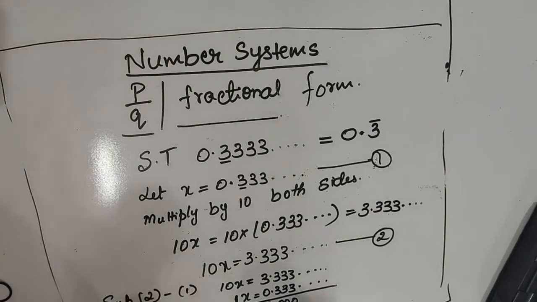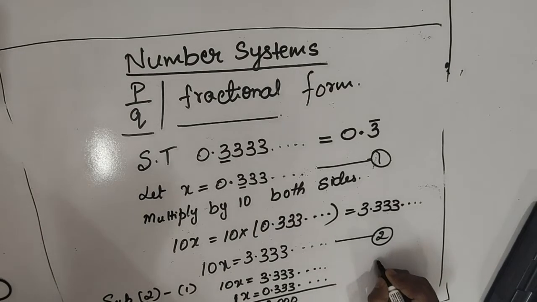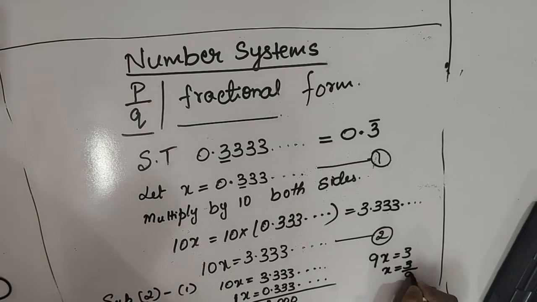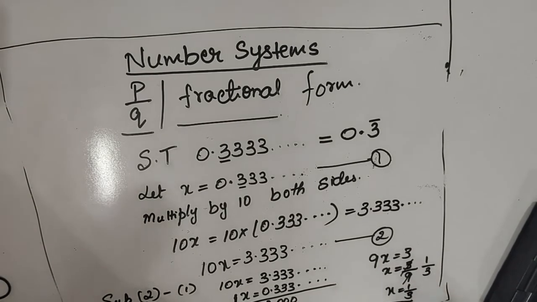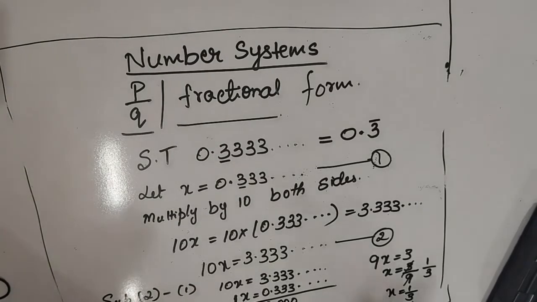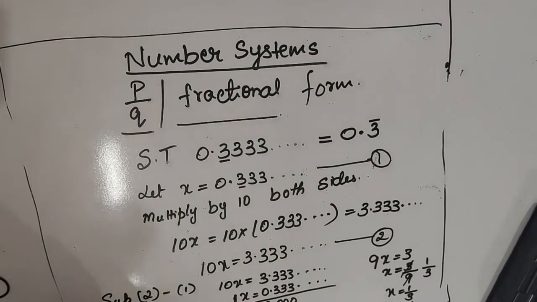Now 3.333 minus 0.333 is 3. So 9x equal to 3, so x equal to 3 by 9. Three ones are three, three threes are nine, so x equal to 1 by 3. This is the fractional form of this number.